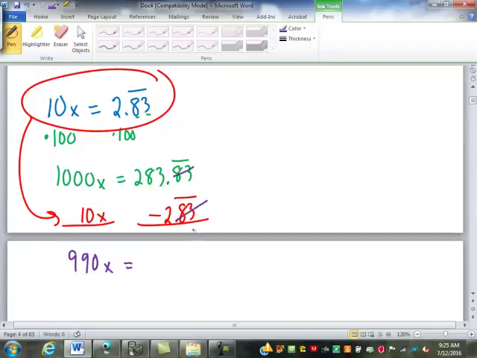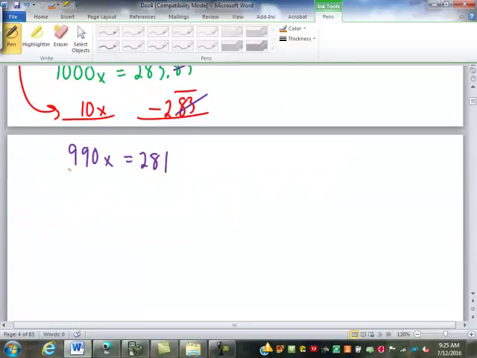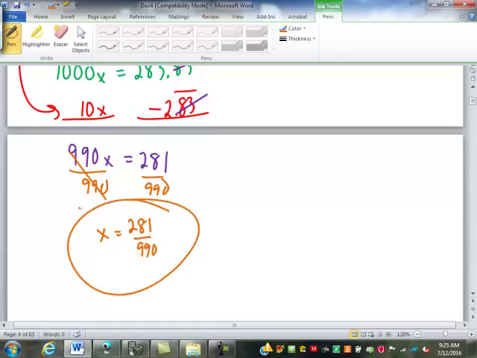Now the 0.83 repeatings all cancel out. 283 minus 2 is 281. And then divide by 990. x equals 281 over 990. Can that be reduced? No, it cannot.